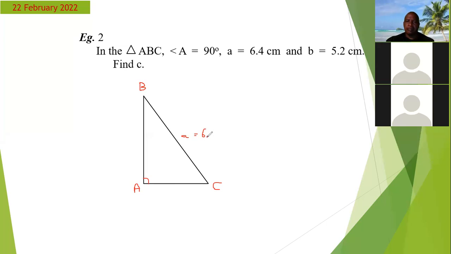Yes, sir. So why couldn't C be at the top and B below? Okay, I was saying earlier, maybe you came in late, that you can choose whichever angle to label B or C. But Mr. Lamar was saying that what you could use to help you is to look at the sides that are given. If you are given either the opposite or adjacent, you could compare the lengths and choose whichever side has a longer length.